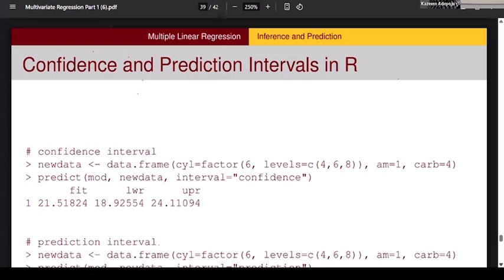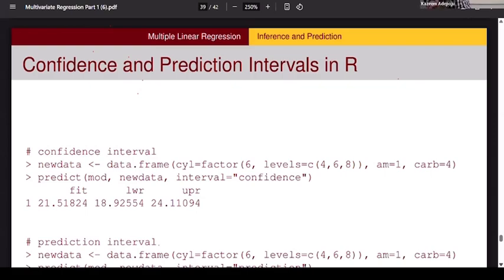I want to show you the code in R. Whether you are talking about individual prediction or average prediction, the point estimate will be the same.